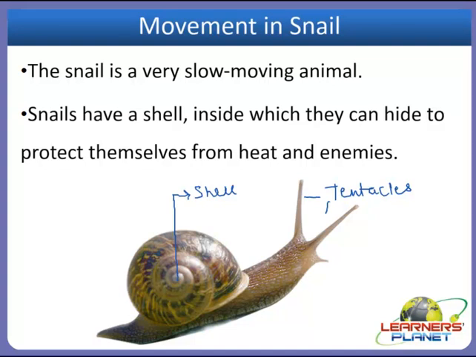And here is the foot. This foot is a muscular organ which is coated with a layer of mucus. So this is a beautiful picture of a snail which has shell, tentacles and foot.